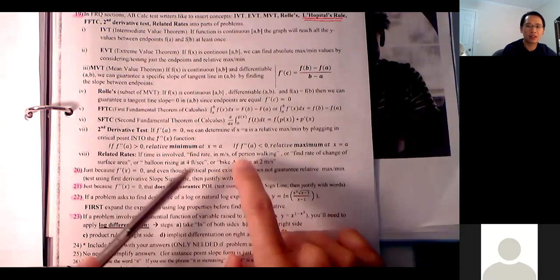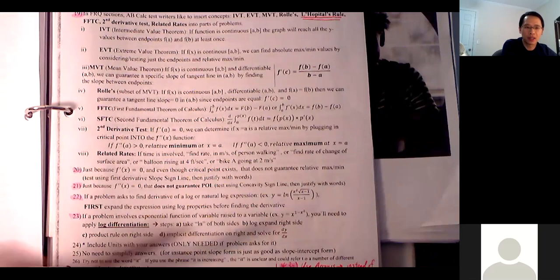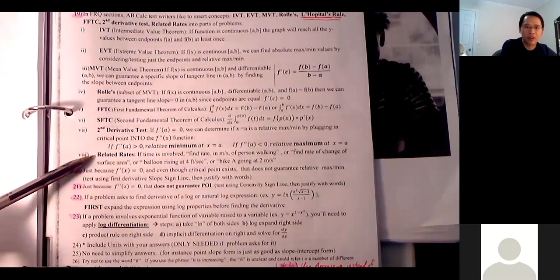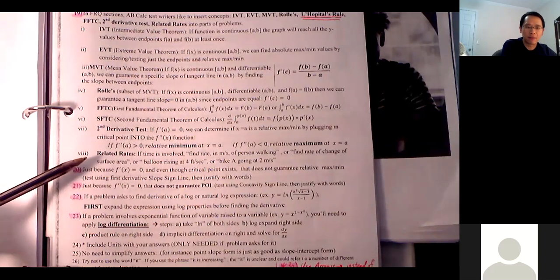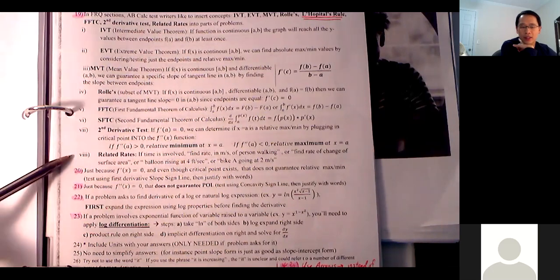All these are key phrases, key terms that hint that there's probably going to be related rates going on, which means I need to find the derivative. I have to produce d over dt all over the place, and then fill in my values to find my missing variable. I inserted a bunch of related rates problems on mock exam 3, so we can look over that on Sunday.